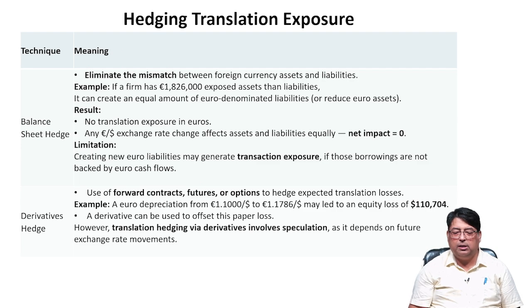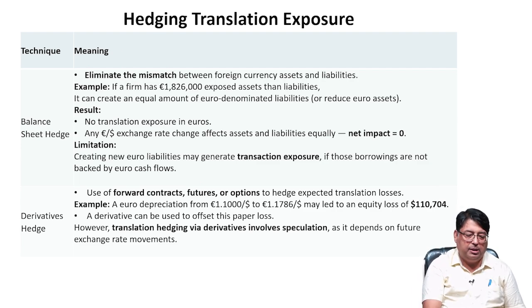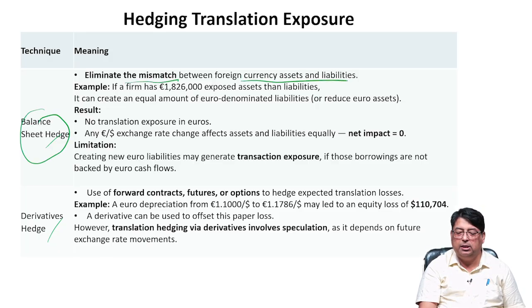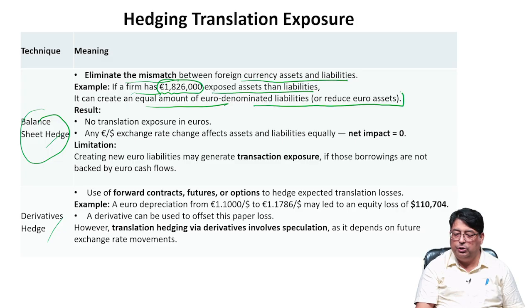Now, hedging of translation exposure. There are certain techniques: balance sheet hedge, derivative hedge. So, what do we mean by balance sheet hedge? It eliminates the mismatch between foreign currency assets and liabilities. For example, if a firm has this much amount of exposed assets more than liabilities, it can create an equal amount of euro denominated liabilities or reduce euro assets.